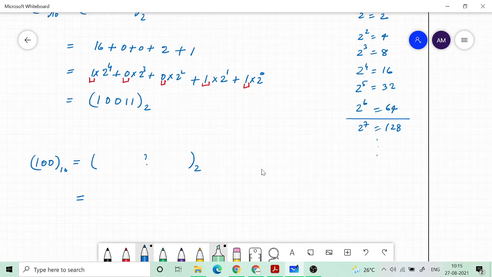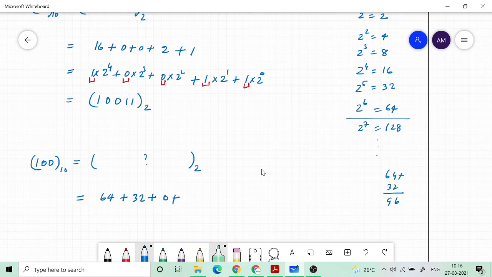100 can be written as 64 plus what else? Can we add 32? You check whether the number will exceed. If I do 64 plus 32, what you get is 96, which is lesser, so I can definitely add 32 here. Then I cannot add 16 to this, that will not be possible, so I put 0.